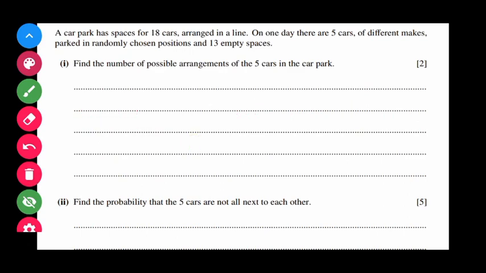Instead of that, 18 spaces. Suppose I am randomly selecting 5 places. 1 2 3 4 5.